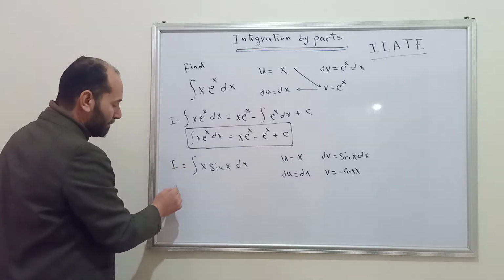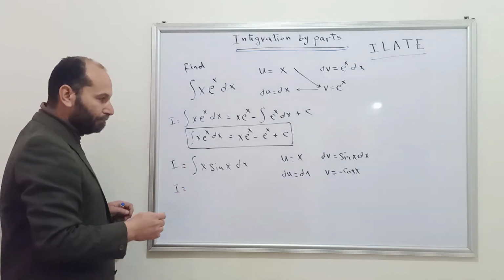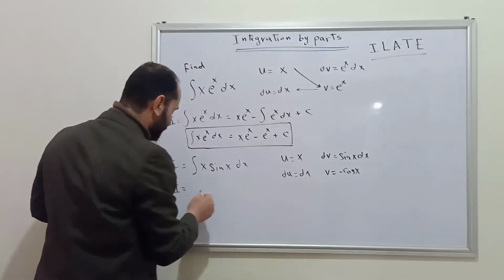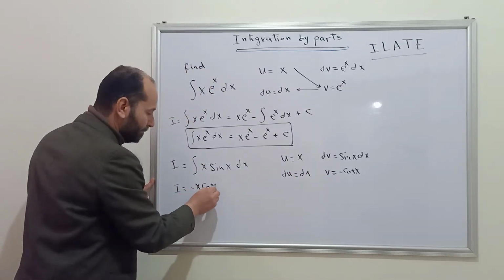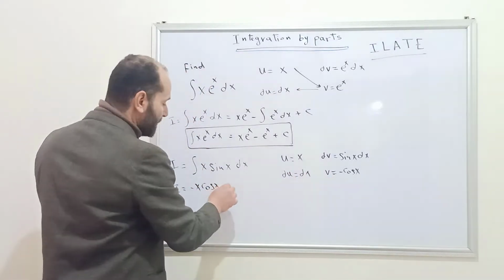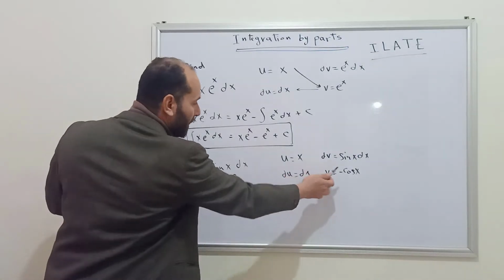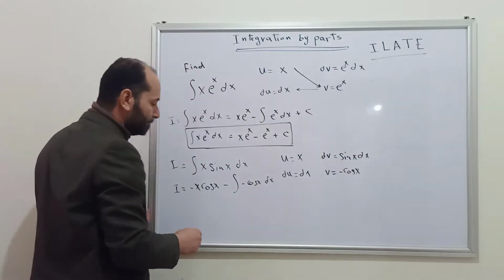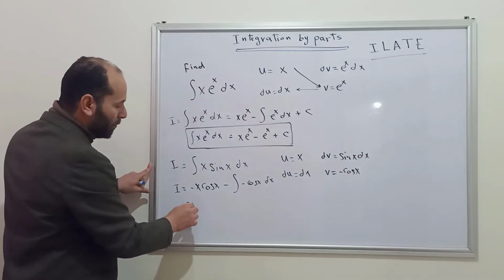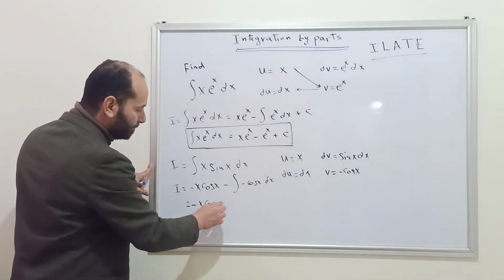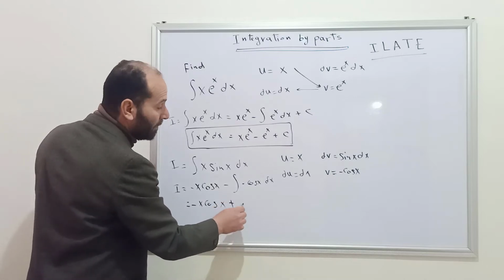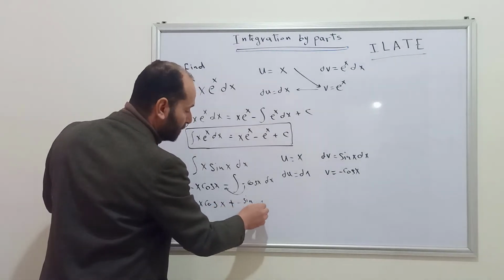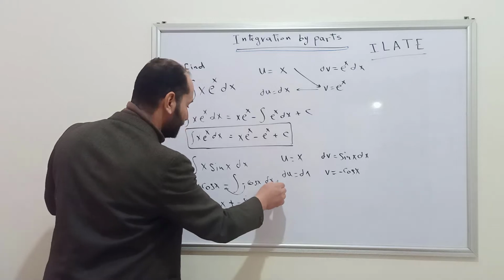So I equals uv, negative x cosine x, minus integration v du, negative cosine x dx. This equals negative x cosine x plus sine x plus c.